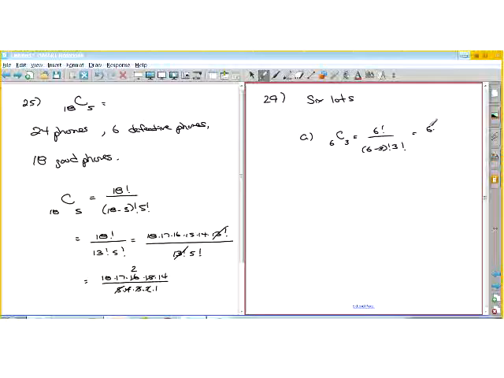So that's 6 times 5 times 4 times 3 factorial in the numerator, over 3 factorial, and then 3 factorial. So these factorials cancel out. It doesn't matter which one you cancel.